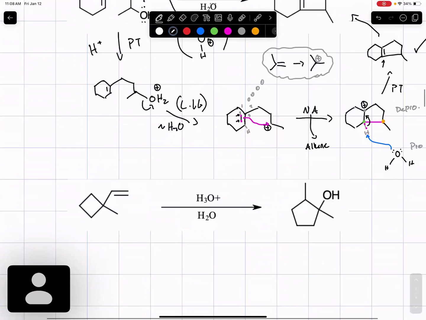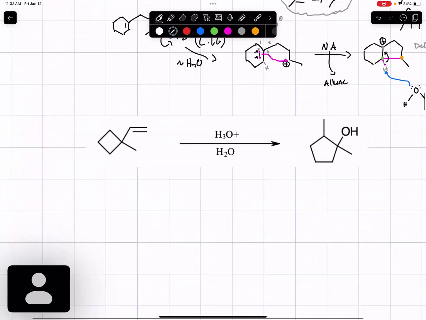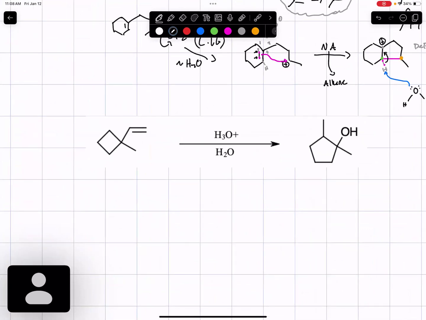In this case, we're adding water and we're getting rid of an alkene. That should give you a hint. So what's the first step? You have A, B, C, or D. Proton transfer, nucleophilic attack, loss of a leaving group, or rearrangement. What's the first step?